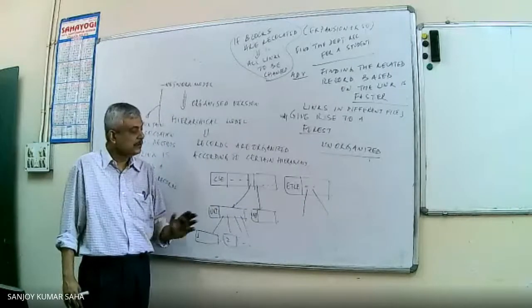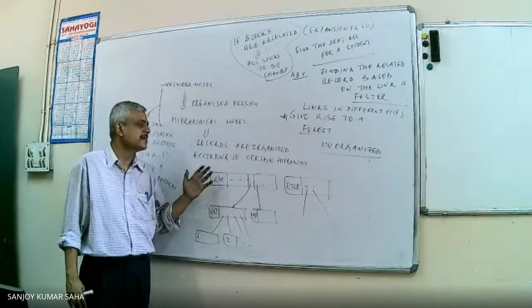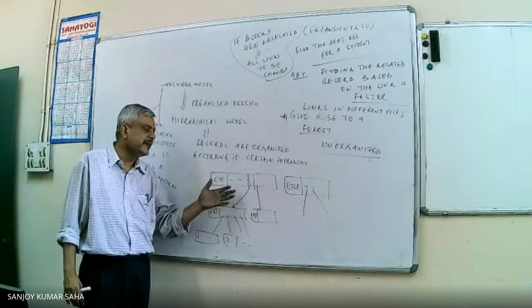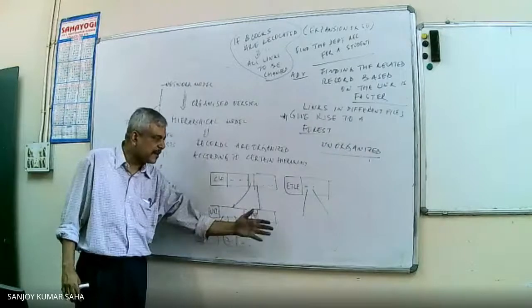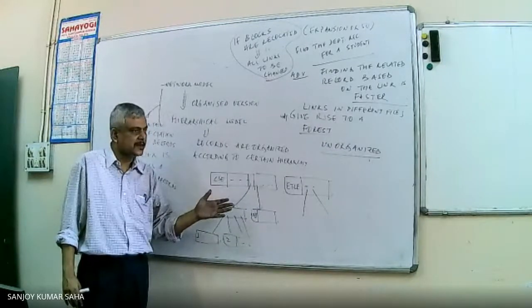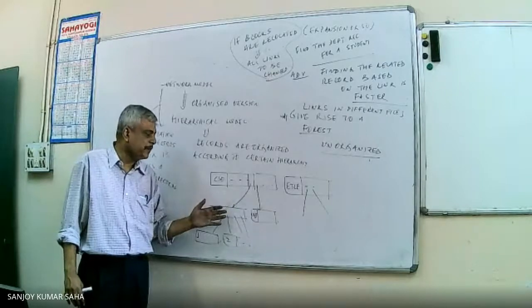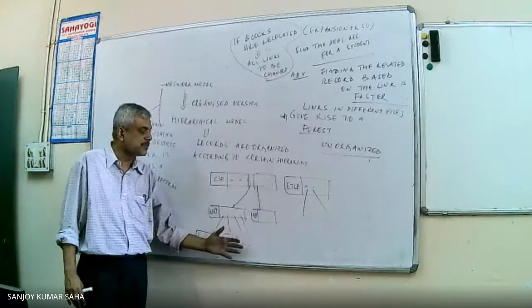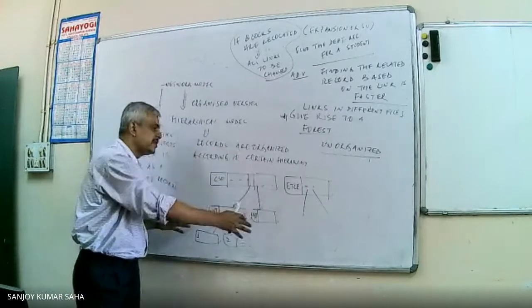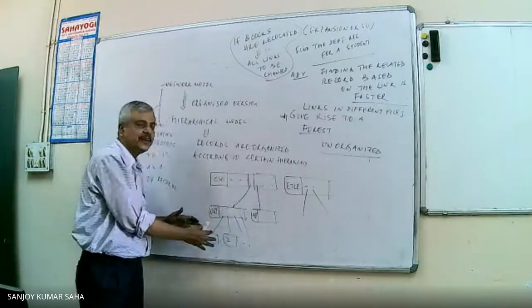So these are seldom used, only in very specific scenarios, where I want to develop an application where the data will be accessed always according to a certain hierarchy. At that time, if the data is organized according to that hierarchy, then obviously it will be beneficial.